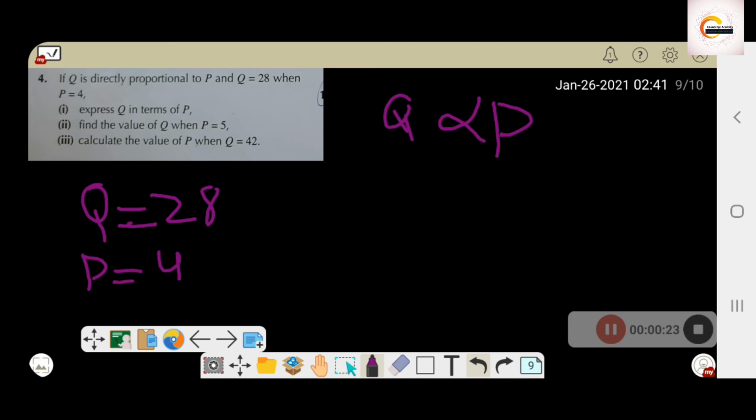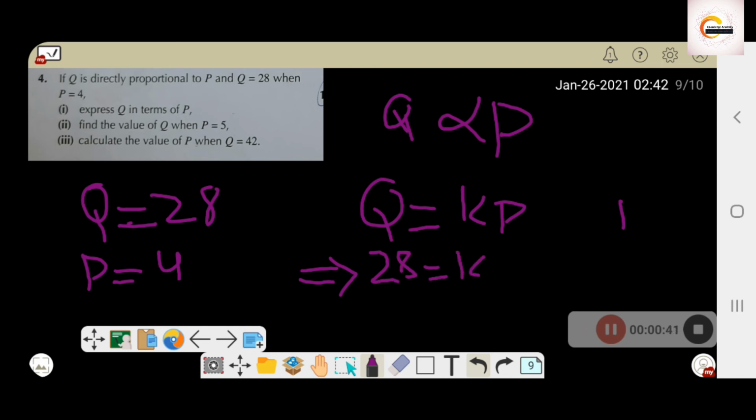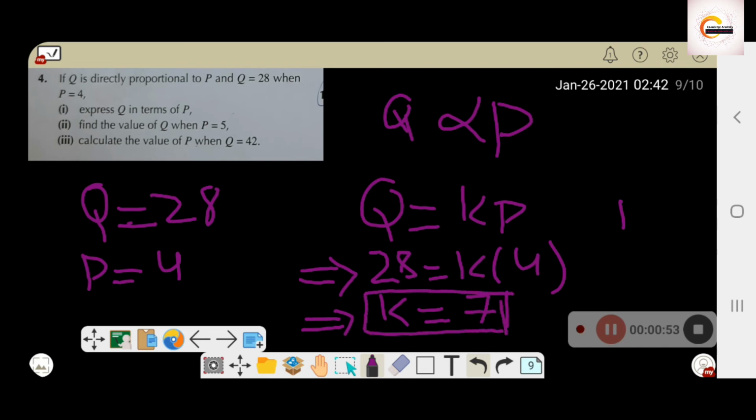Express Q in terms of P. From the question, Q is equal to KP. That means 28 is K times 4. Now, what would be the value of K? 28 divided by 4 will be 7. So, this is the value of K.